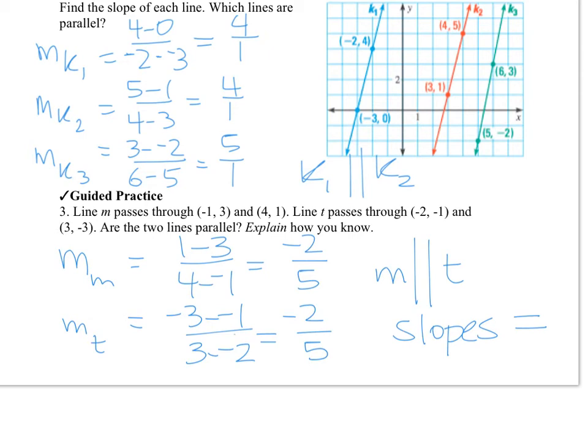Okay, I found that both the slopes are -2/5, which tells me that the lines are parallel.